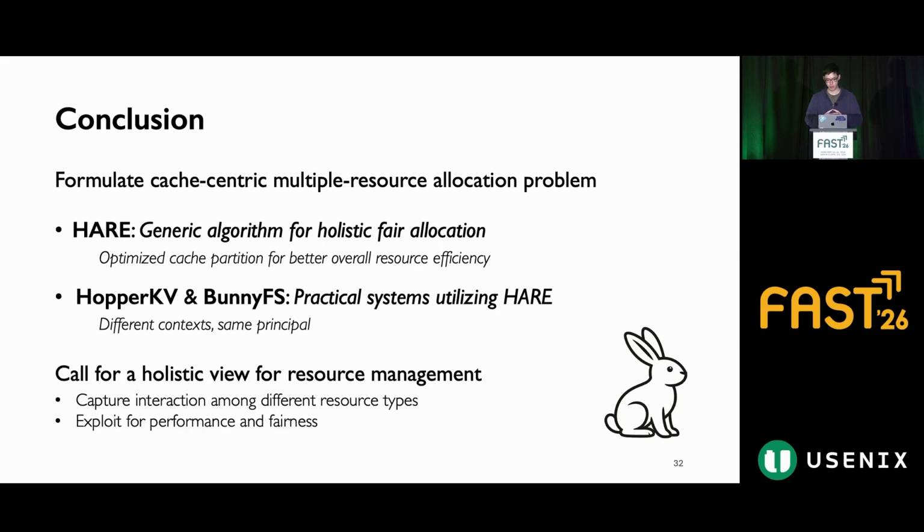More broadly, we would like to call for a more holistic view of resource management in the future. Instead of only allocating each individual resource, the holistic view enables us to capture the interaction between different resources, and eventually we can exploit them for better performance and fairness. With that, I conclude my talk, and I'm happy to take questions.